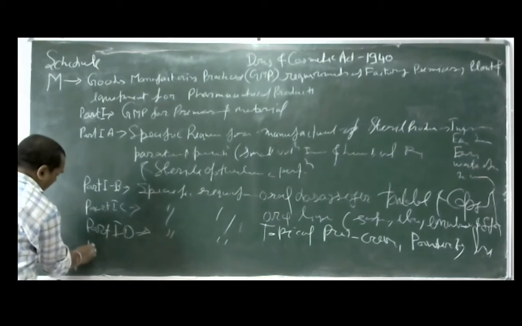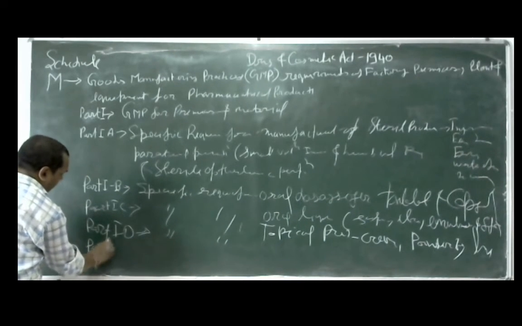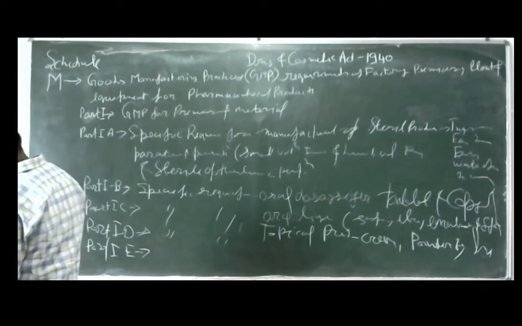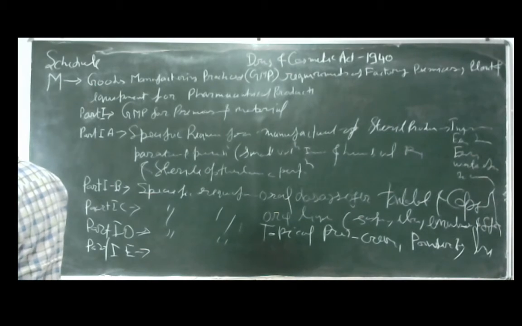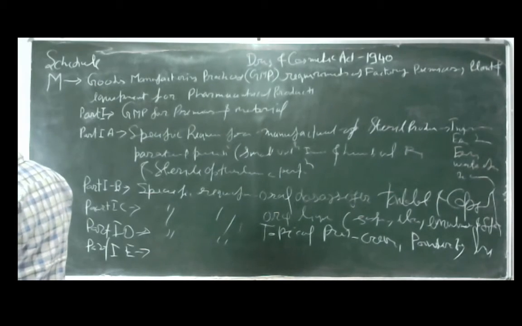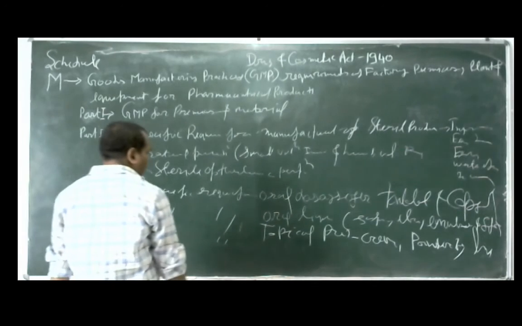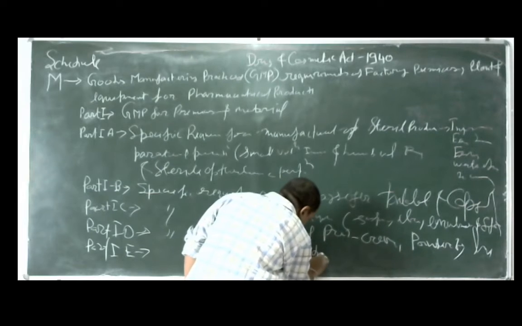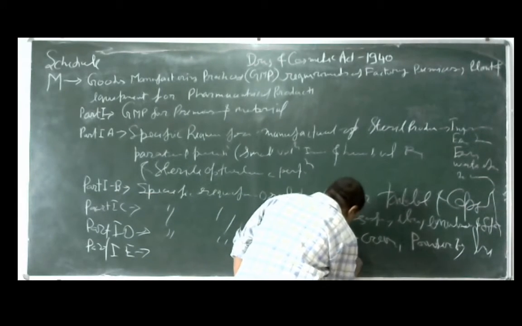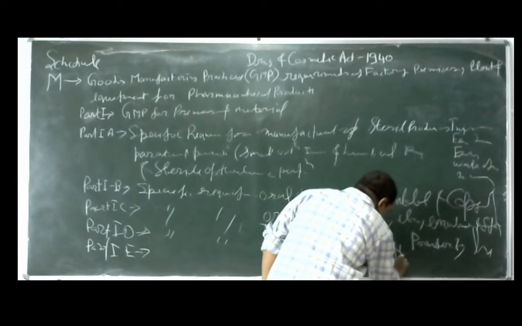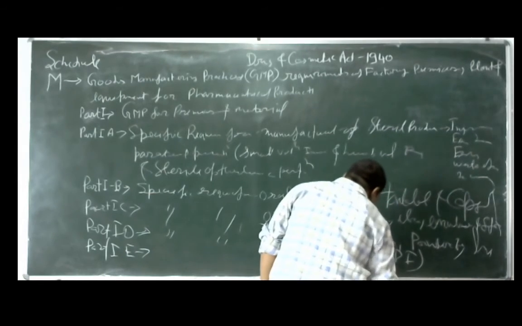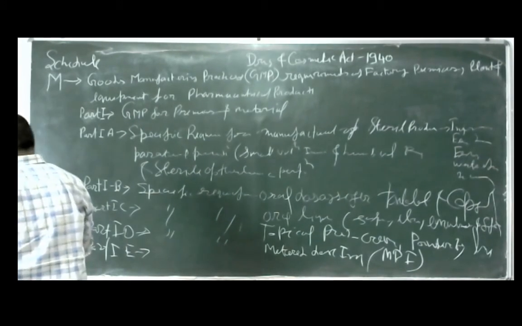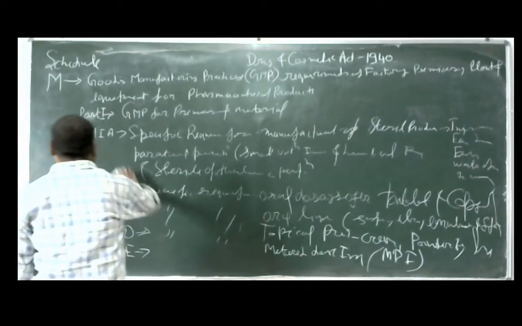Next one is Part 1E. Part 1E says specific requirements for the manufacture of metered dose inhalers, MDI, which are used for asthma and other conditions.